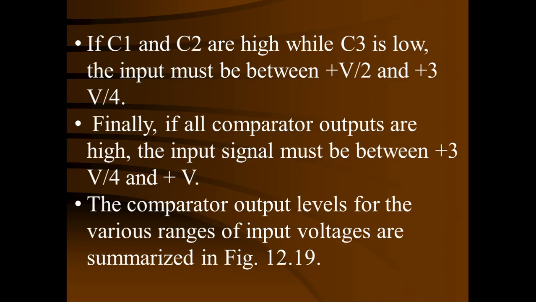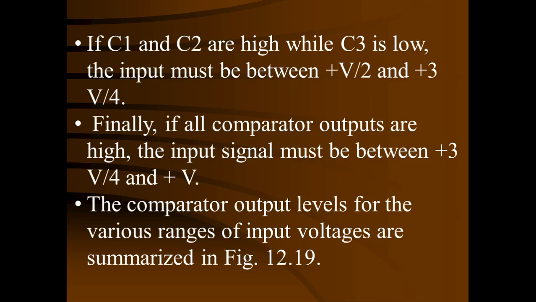If C1 and C2 are going to be high while C3 is going to be low, the input must be in the range from +V/2 to +3V/4. Finally, if all the comparator outputs are high, the input signal must be in the range from +3V/4 to +V volt.